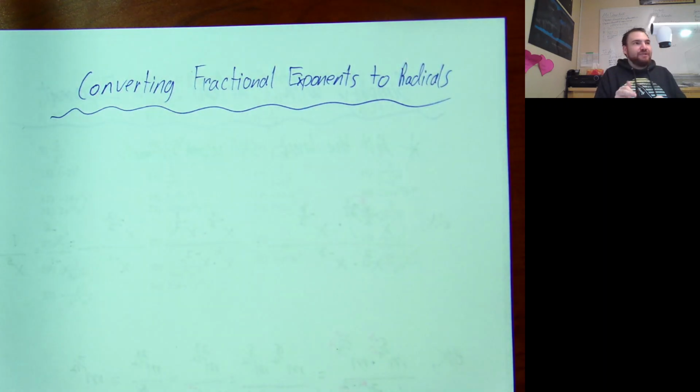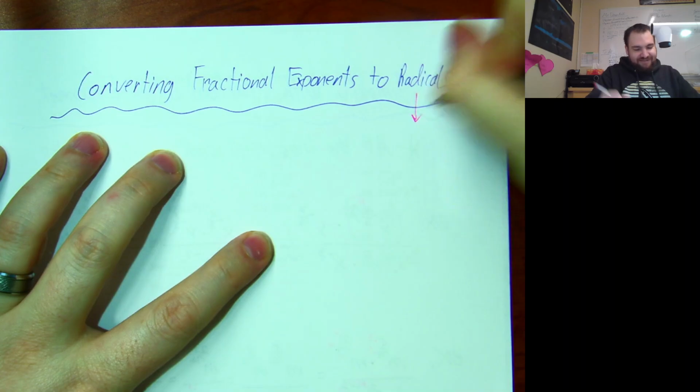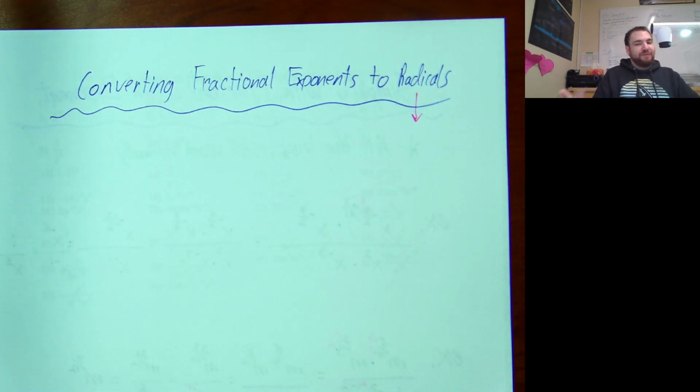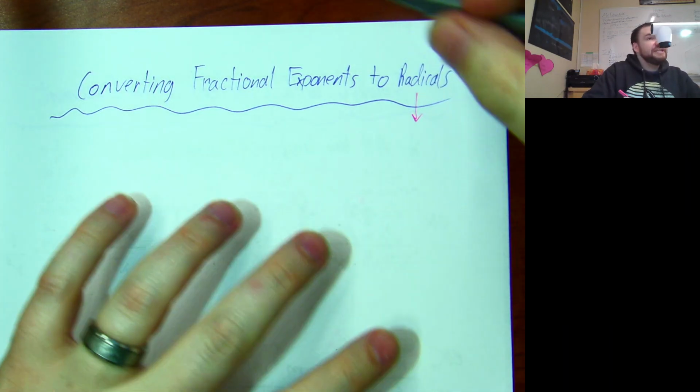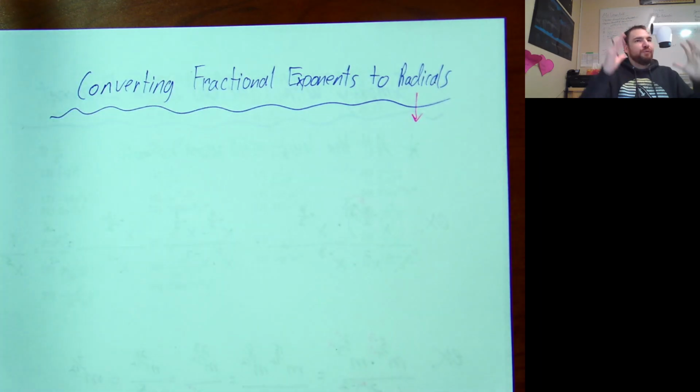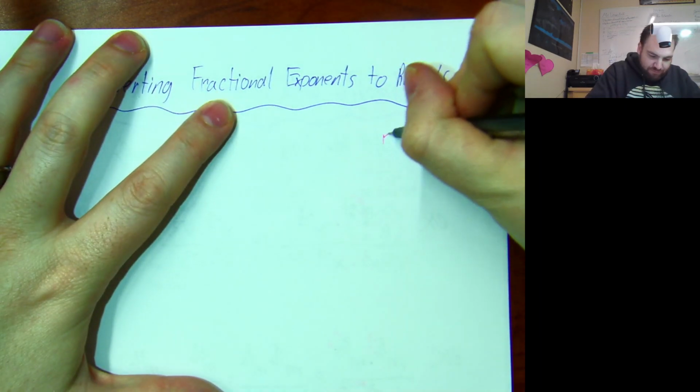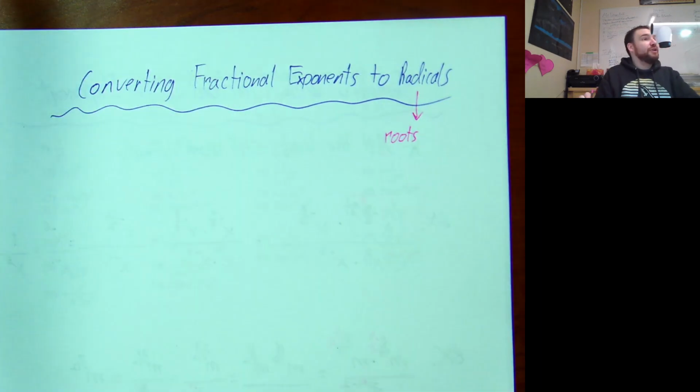Okay, so the question is, what the heck is a radical? And this is not a cool word out of the 60s. Does anyone know what a radical is? It's a trick question because you all know what radicals are. You just have never heard them called radicals before. Radicals is a mathematical term for roots. I'm teaching you new vocabulary.